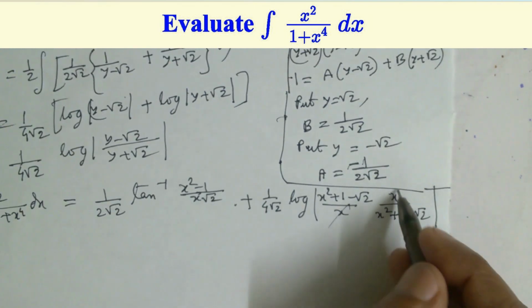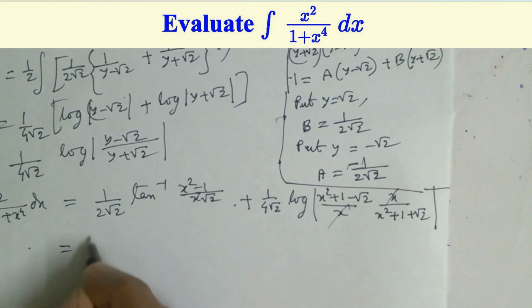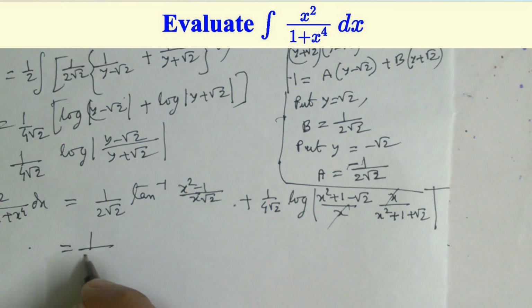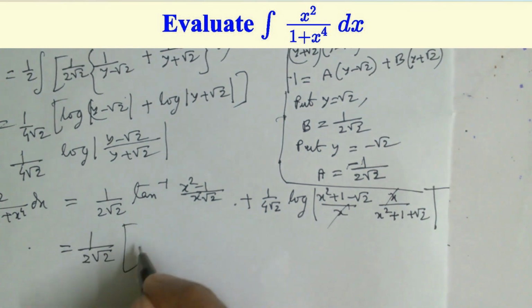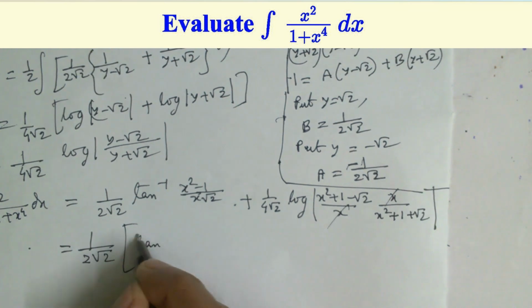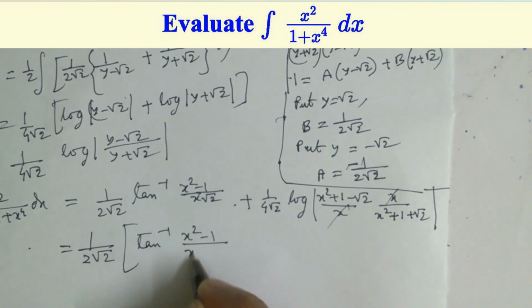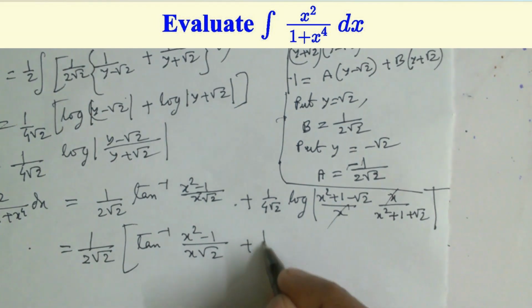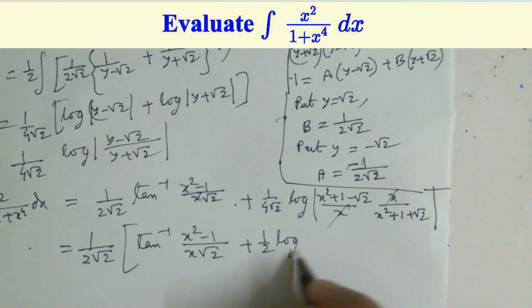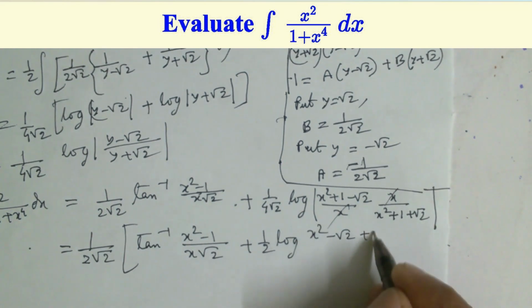x gets cancelled. So finally the answer is 1 by 2 root 2, globally we may take common, tan inverse x square minus 1 by x root 2, plus, 2 root 2 taken out common, half log x square, first writing the root 2 terms, plus 1.